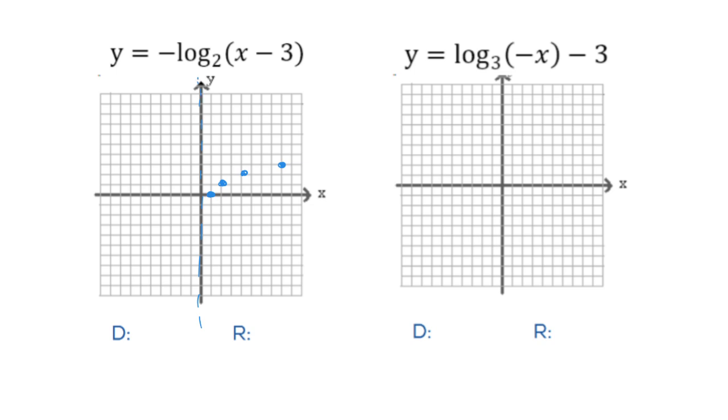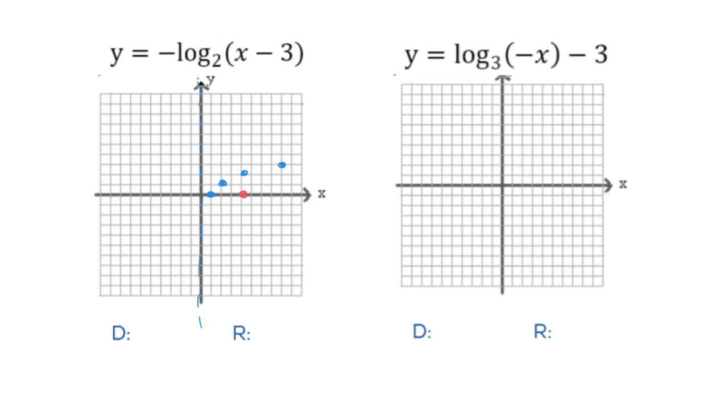Okay, let's do all the stuff to it. This says I'm going to reflect it vertically, so it's going to reflect over the x-axis here. So this point won't change. This point will come down. This point will come down. This point will come down. But at the same time, after I reflect it, I'm going to move it right 3. So here I go. First dot doesn't really reflect, but I'm going to go right 3.